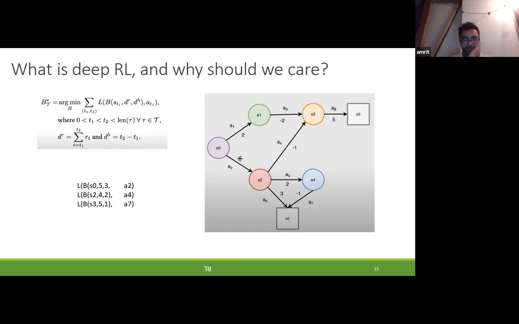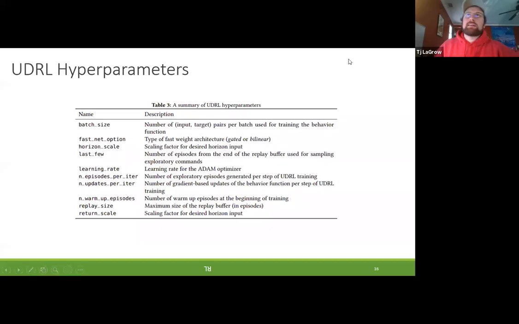Great. These are the hyperparameters for upside down reinforcement learning. We have the batch size, the fastnet option, which is a fast weighted architecture to try to go through some of the hyperparameters, either a gated or a bilinear search. They have a horizon scale.